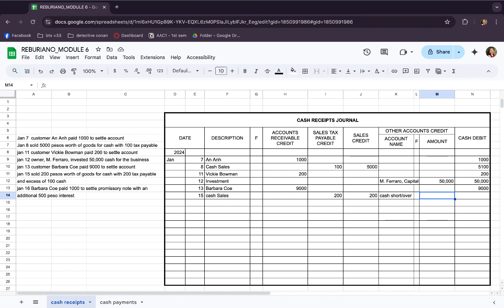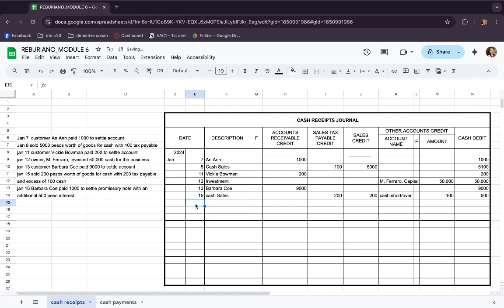While when we are short on cash, it's a normal debit balance because it is a decrease in revenue. So here, we treat it as a credit to cash short or over because the transaction mentioned an excess of 100. So we put 100. For cash debit, we will add all of them: 200 tax payable plus 200 sales credit plus 100 cash over, we have 500.